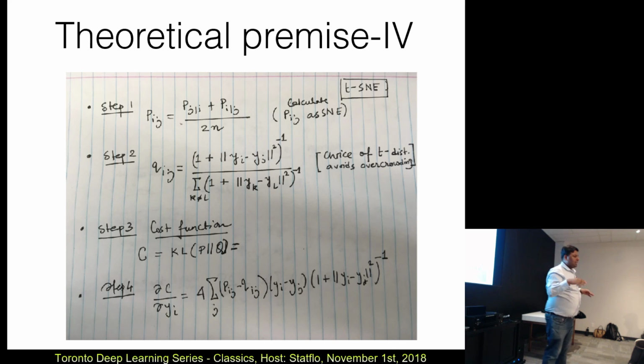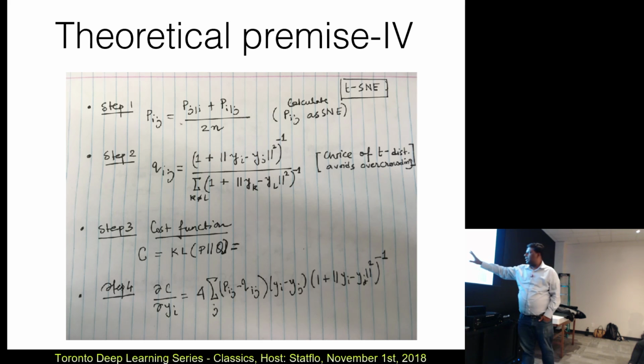As a result, this allows overcrowding. So in SNE there was this problem that all these far points, which have low Pij values, get less represented with the t distribution because it has fatter tails. And that's basically the major change.